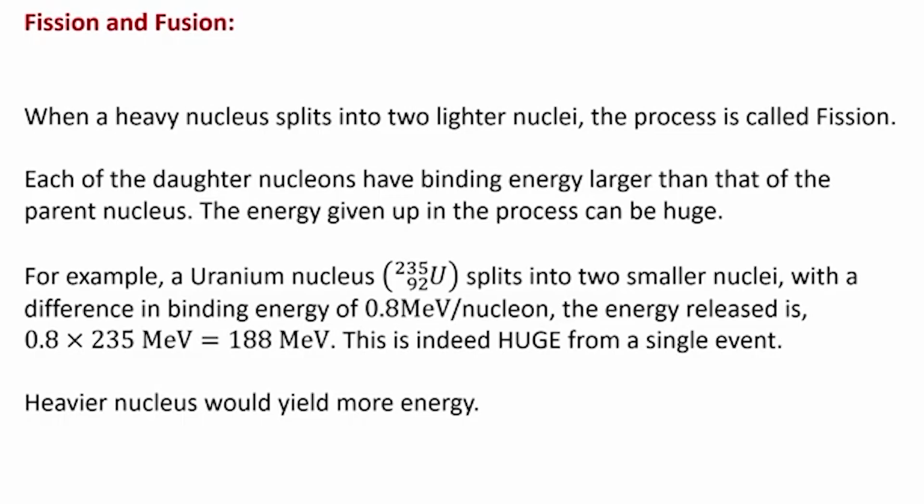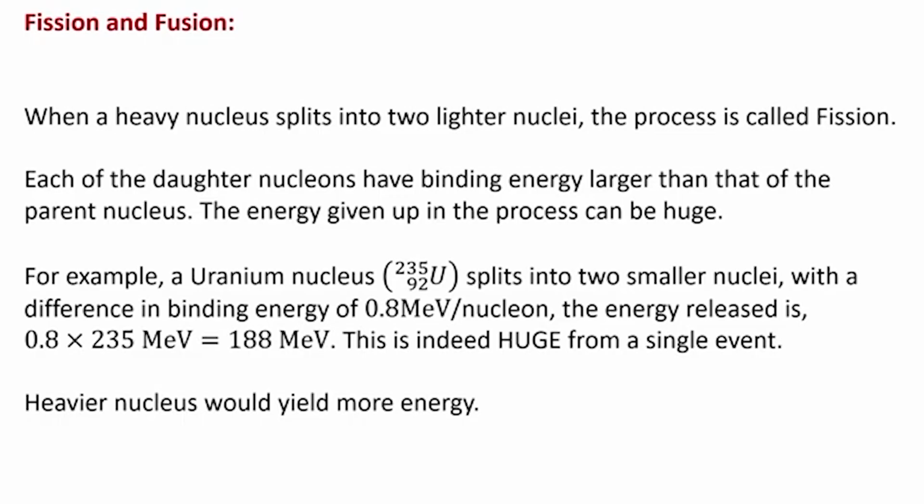Okay, and for example, if you look at a uranium nucleus, it splits into two smaller nuclei, without worrying about what they split into. There is binding energy that appears, which is like 0.8 MeV per nucleon. So you have 235 nucleons.